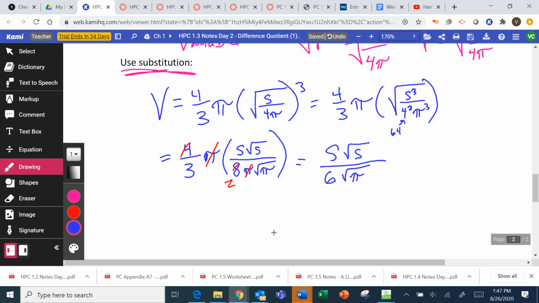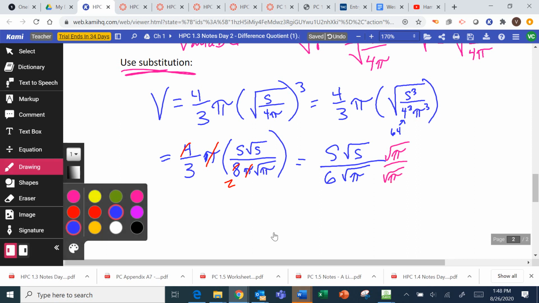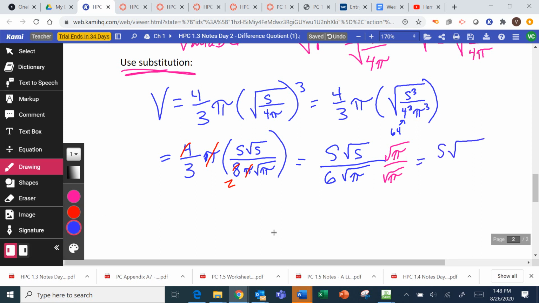Does that look okay? So in order to rationalize this, we would need to multiply the top and the bottom by square root of pi. So s square root s pi over 6 pi. Oops. V equals.